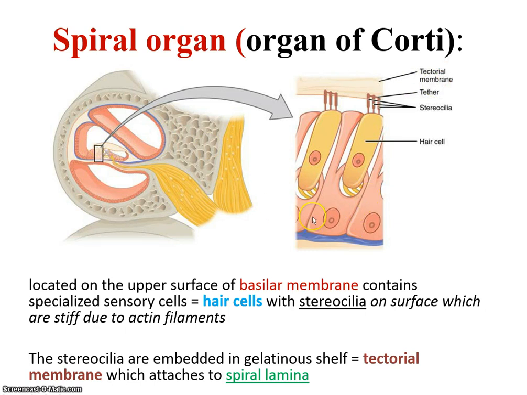So these again are sitting on the basilar membrane, and they have the hair cells, and this is really the sensory cell. This is what's going to connect to the cochlear nerve and eventually become the vestibulocochlear nerve. So the tectorial membrane, again, is attached to the spiral lamina, this bony shelf, and it doesn't move.